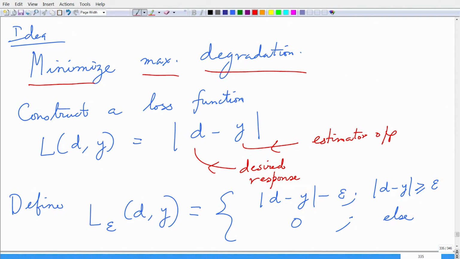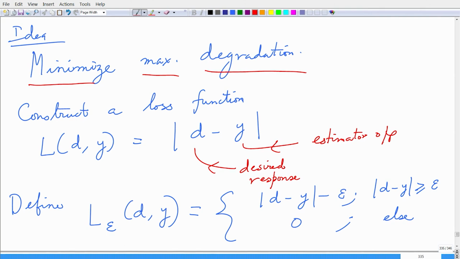What this means is pretty straightforward. If the absolute value of d minus y is within an epsilon tolerance, my loss associated is 0, otherwise it is going to be mod d minus y minus epsilon, right.